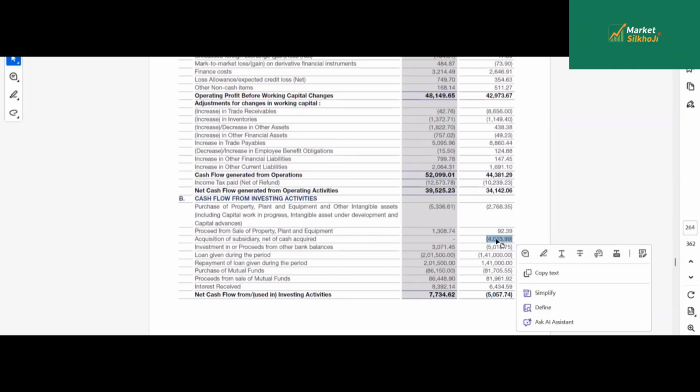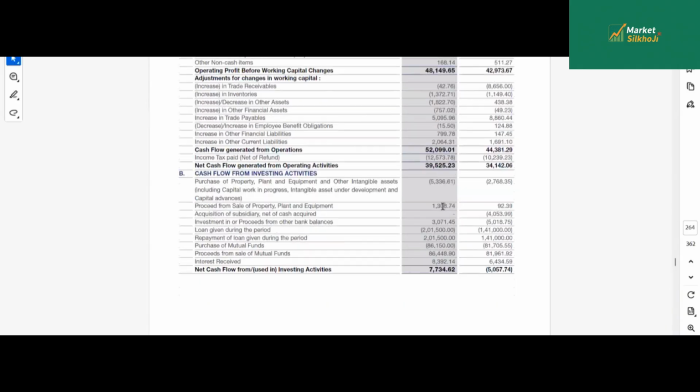They utilized 40 crores and they acquired a subsidiary also, which is also expansion of business, which is also considered as capex only. So as you can see, these are the three line items where you will find the capex of the business. They generated 395 crores, utilized close to 40 odd crores for capex.